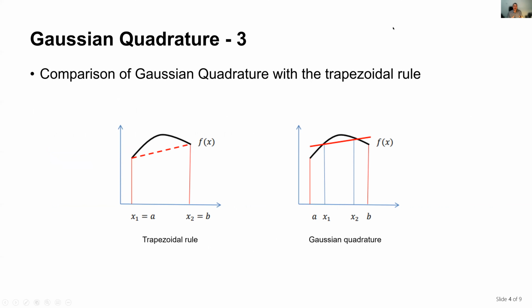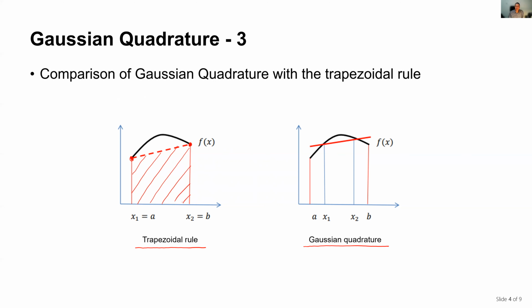Here we see a comparison of the Gaussian quadrature rule, which is here, with the trapezoidal rule, which is on the left. And you can clearly see that the trapezoidal rule is simpler. You simply connect the 2 points here, and you take this area here as your integral.